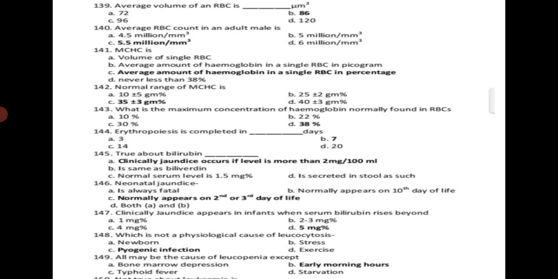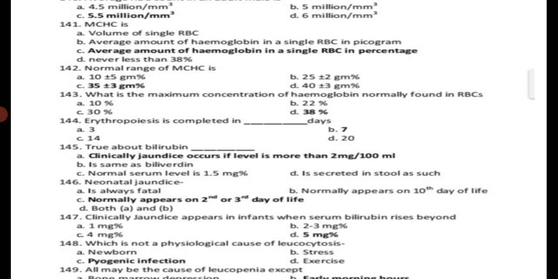Question number 141, MCHC is the average amount of hemoglobin in a single RBC in percentage. MCHC, mean corpuscular hemoglobin concentration, is a measure of average concentration of hemoglobin inside a single RBC.